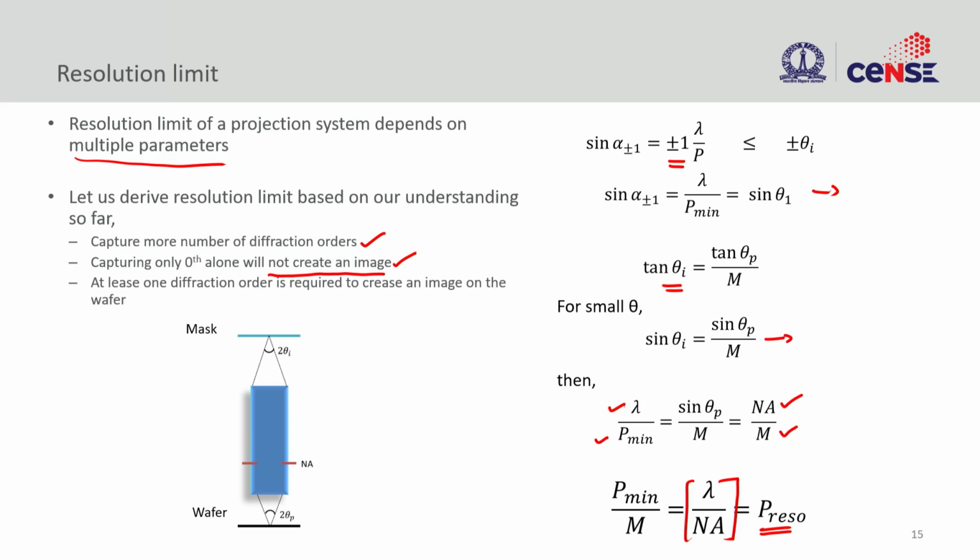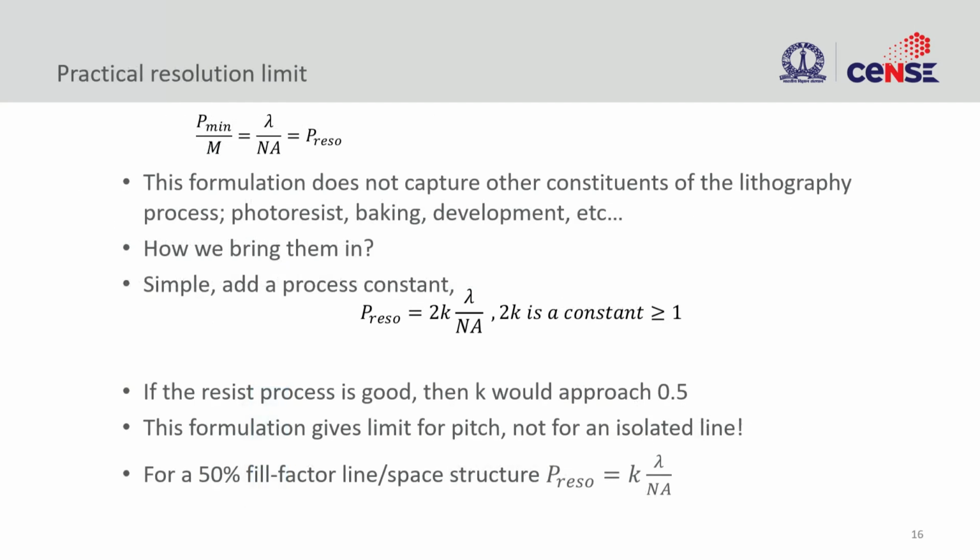All right. So is this the end of the whole resolution limit? Of course not. This is a theoretical limit, because in this case we only looked at the optics. We looked at the magnification factor, we looked at the mask, and we looked at the NA. That's it. We did not consider anything else. So this only captures the optics part.